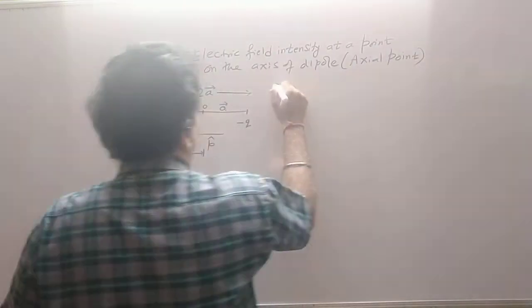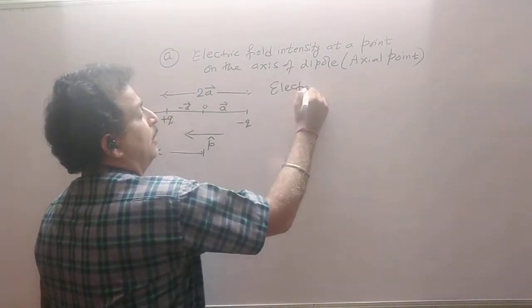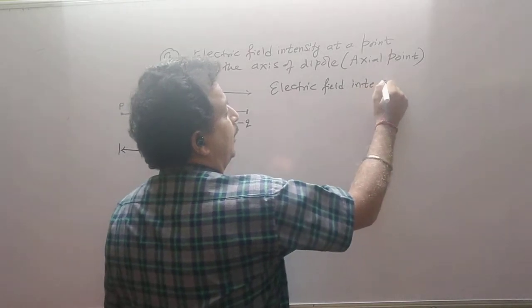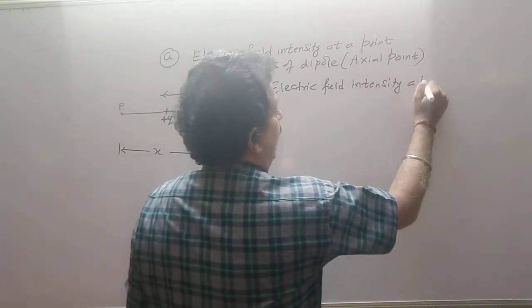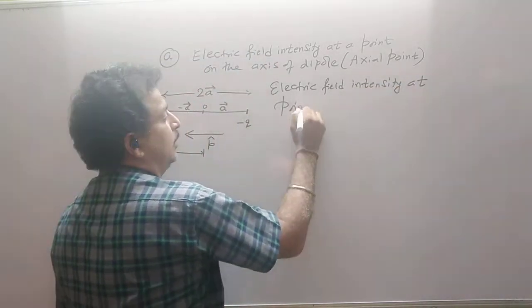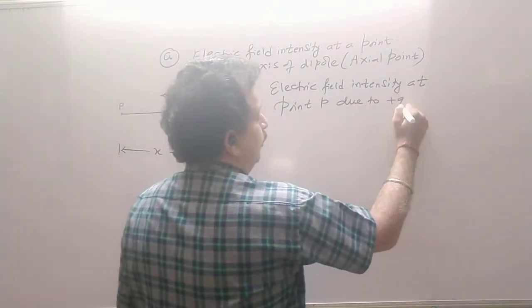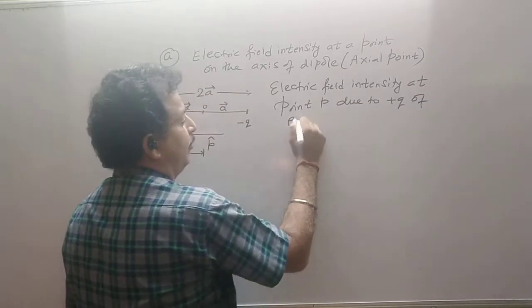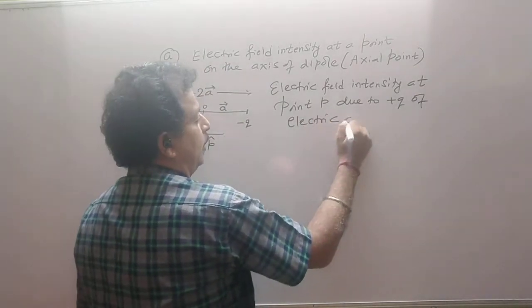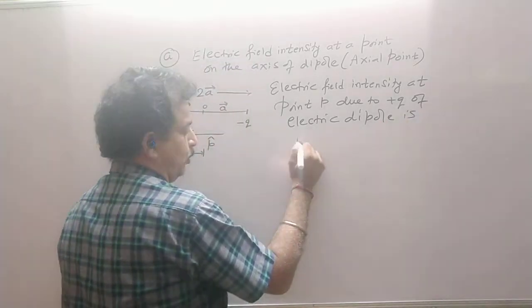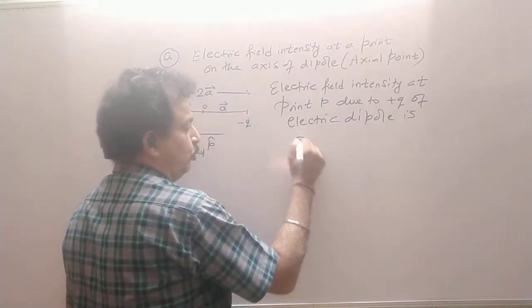So the electric field intensity at point P due to the plus q charge of the electric dipole, I give the symbol E plus q vector.